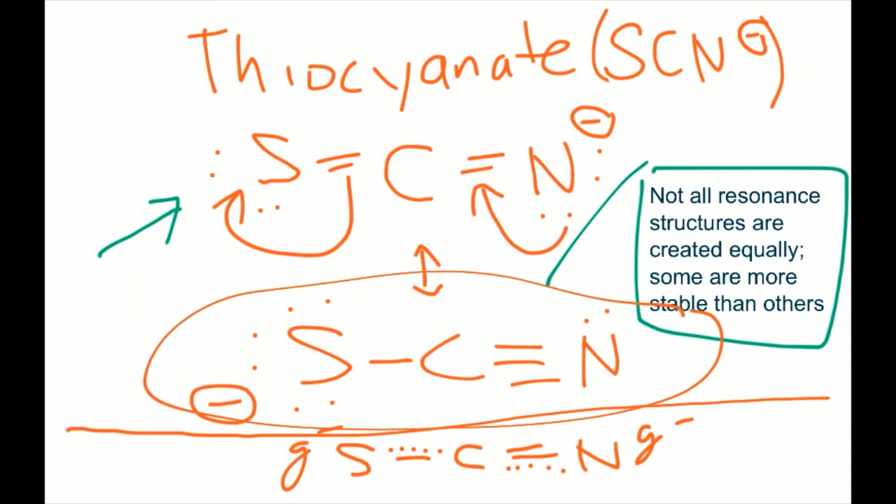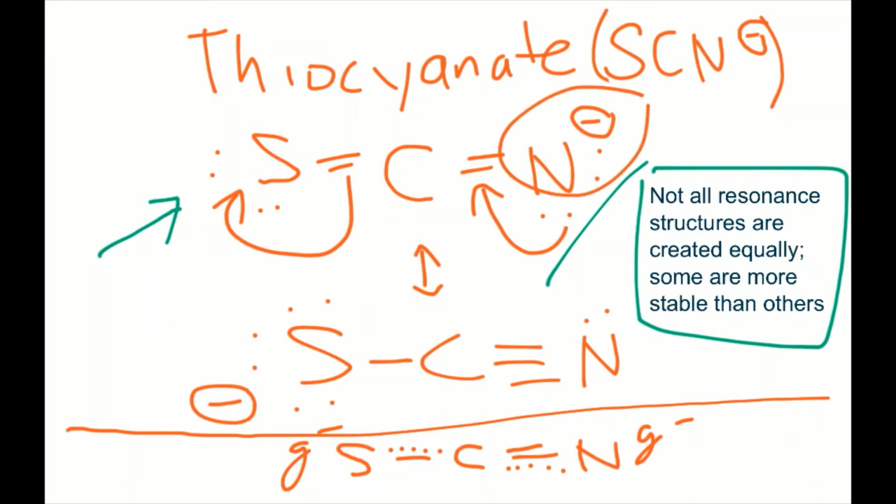So I can't say that the -1 charge is going to split evenly into -1/2 and -1/2 for the sulfur and the nitrogen, because this structure is more stable. So I would expect that the -1 charge would like to be here more than it is here. So maybe the partial charge in here is -3/4. Who knows? But this is the resonance hybrid for thiocyanate, and let's move on.